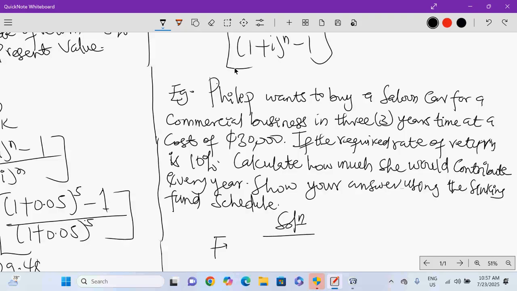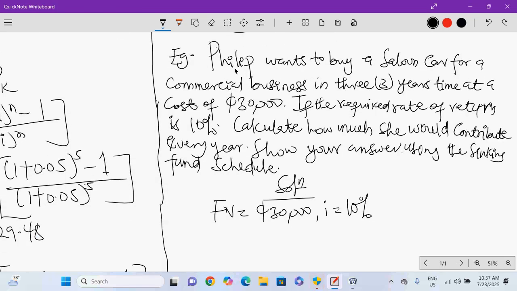So the future value has been given, which is 30,000, and then we have the interest rate. The interest rate is 10%. What else? Then we have the period, which is 3 years.